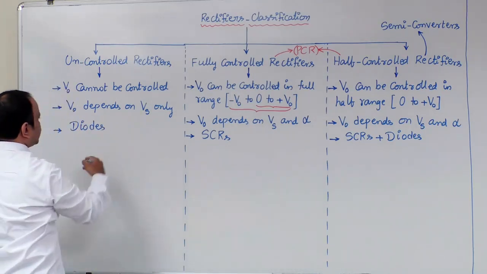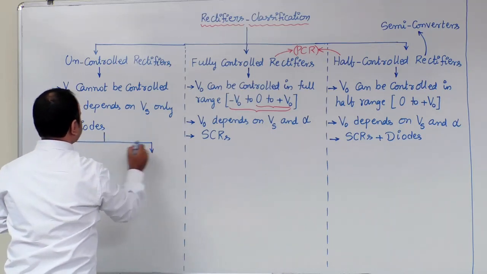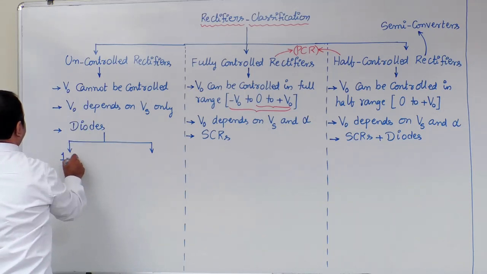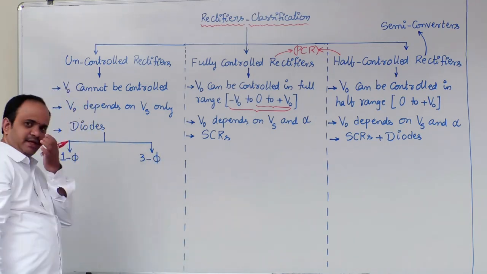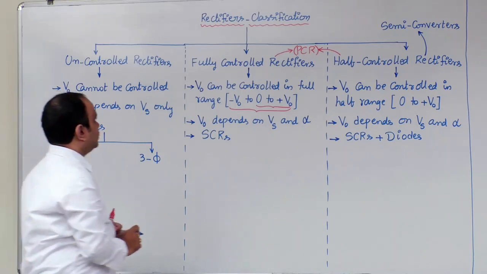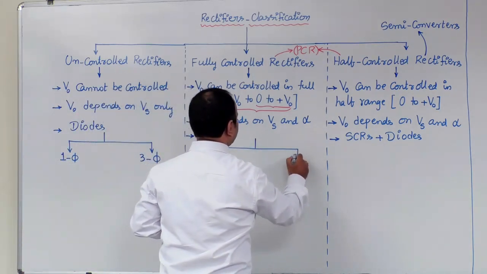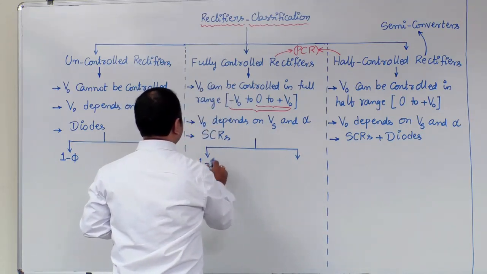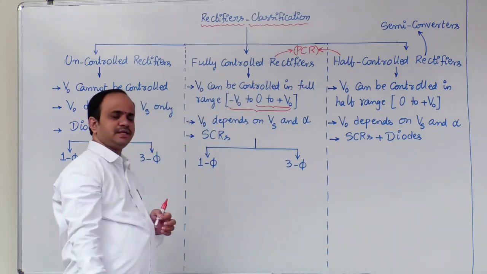Next subcategory, based on source, these circuits are subcategorized into single phase and three phase. This classification is based on source. In a similar manner, here also we will have single phase and three phase classification.